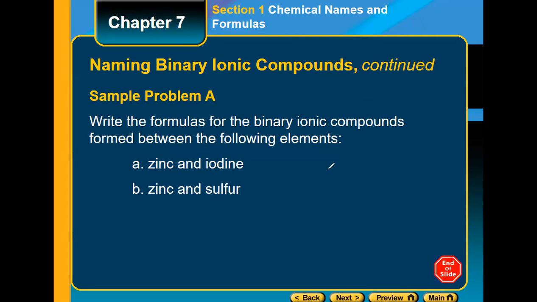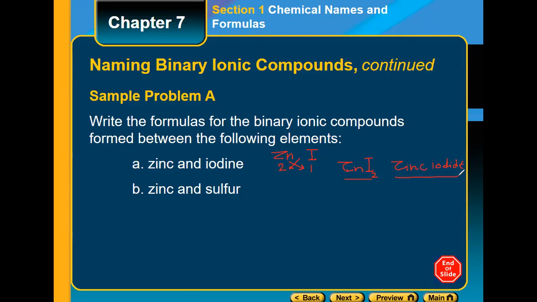Zinc is Zn, iodine is I. The default valence of zinc is 2, while iodine is 1. So once we switch places, it will be ZnI2. So what is the name of that compound? It will be zinc iodide. So that's how to write the formula and also how to name it.